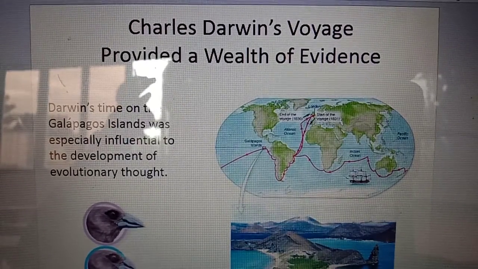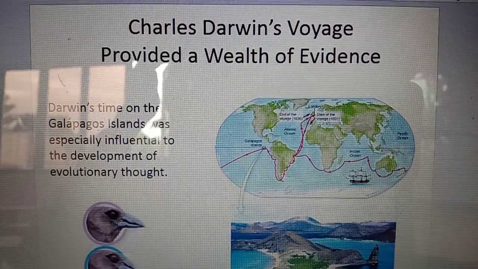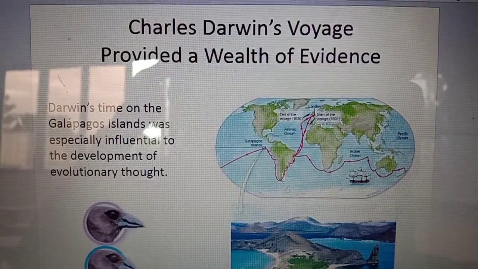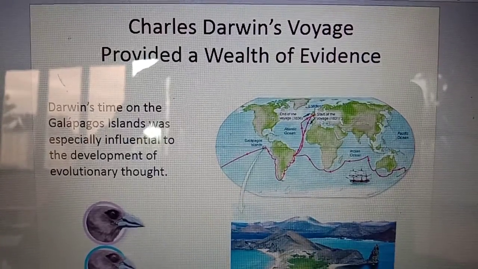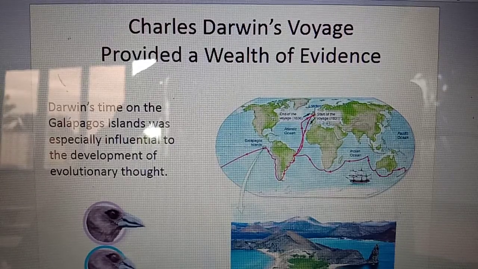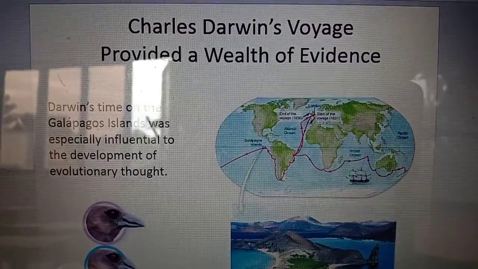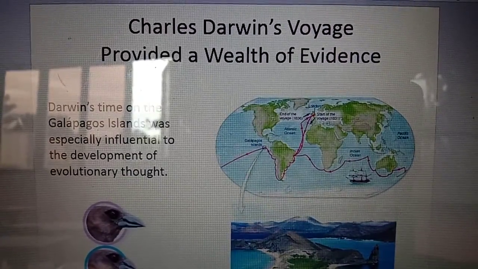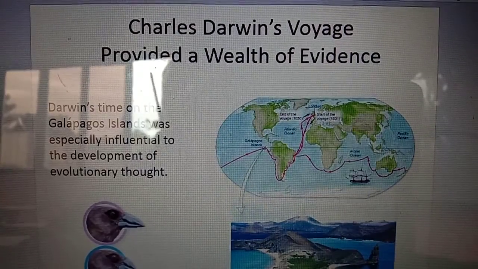So here, Charles Darwin proposes that there is evolution going on in finch birds because they now have different features when compared with the finch on the mainland. And according to him, there are 14 distinct types of finch that developed in the Galapagos Islands.